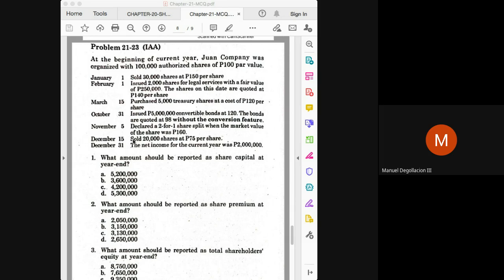In January 1, sold 30,000 shares at 150. Our entry here would be debit cash 4,500,000, credit share capital 3 million. That's 30,000 times the par value. And then credit share premium of 1,500,000.